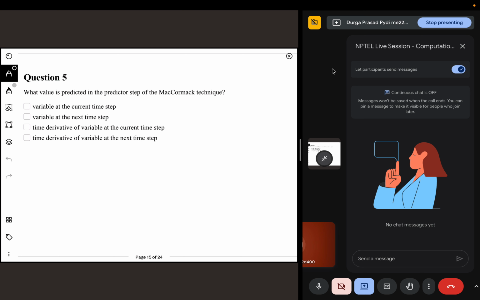Okay. So what value is predicted in the predictor step of the MacCormack technique?